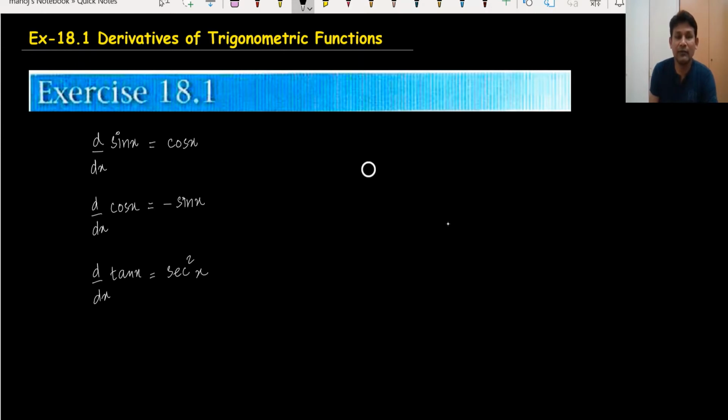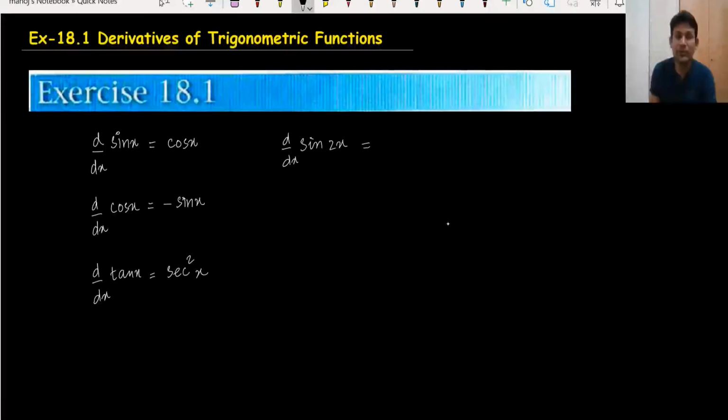But before that, I would like to give one very important example. When we differentiate sine 2x, please remember we have to do two steps here.